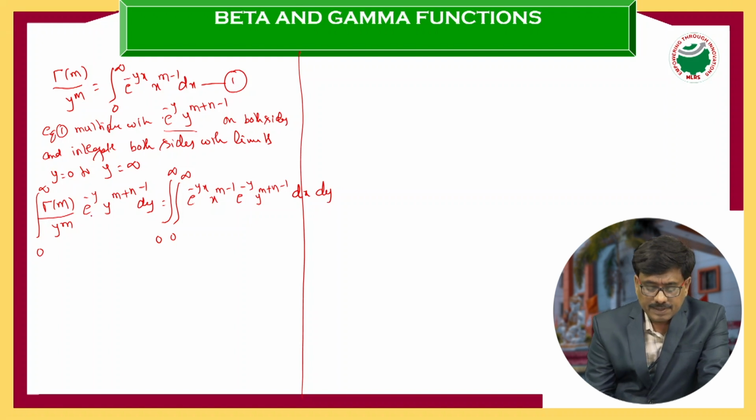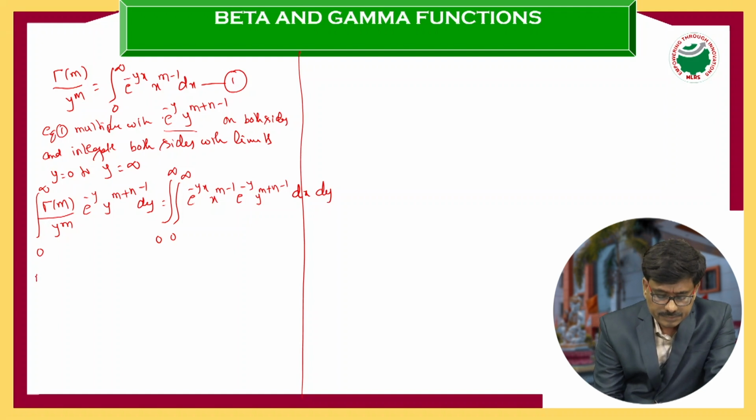Now let me simplify first the left hand side of this function. There is a gamma m. Gamma m is a constant, and also y power m is removed. How can I write this one? Can write like this: integral 0 to infinity e power minus y, y power n minus 1 into dy.